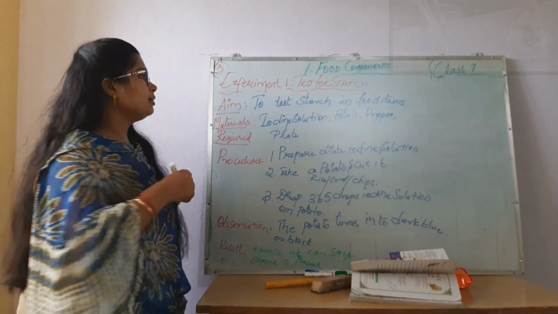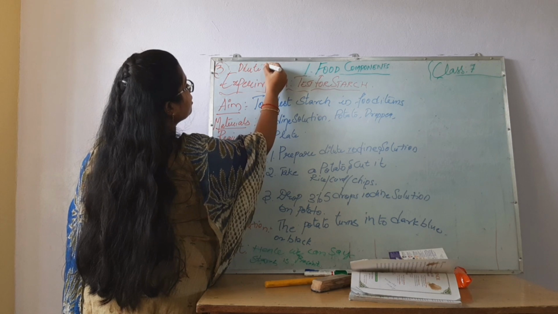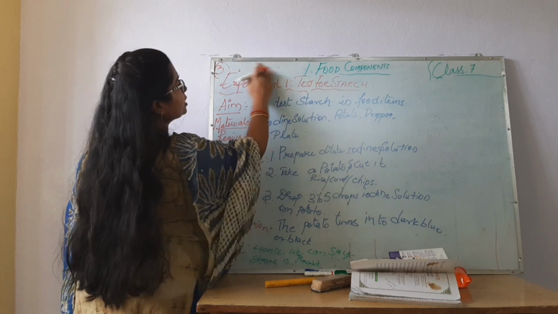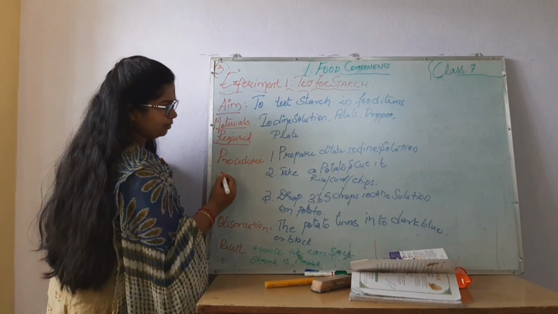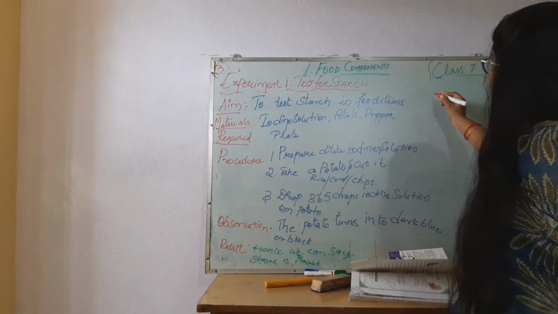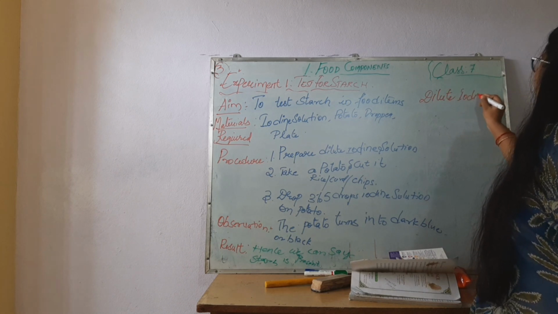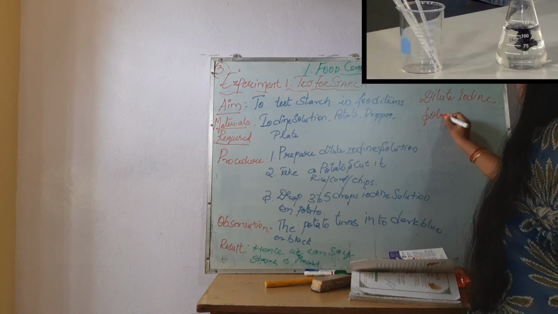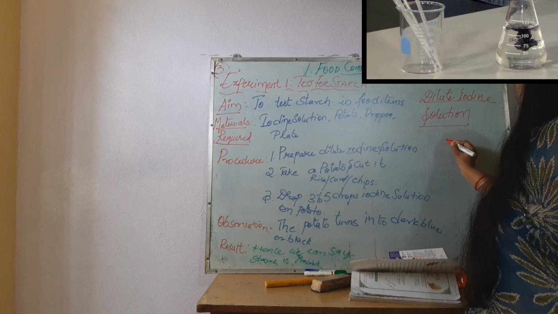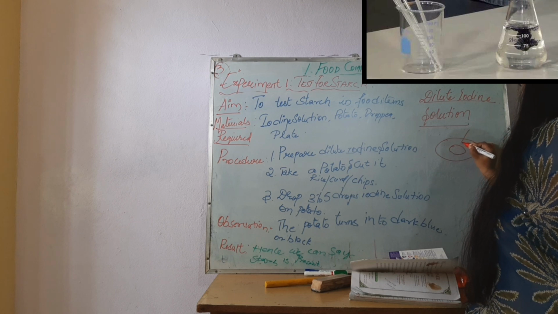So to prepare dilute iodine solution, what you need to take? Take iodine solution and add water to this, 2 to 3 drops of water.